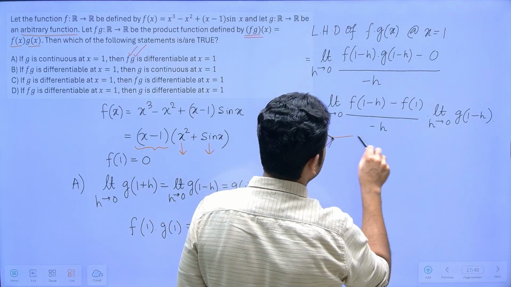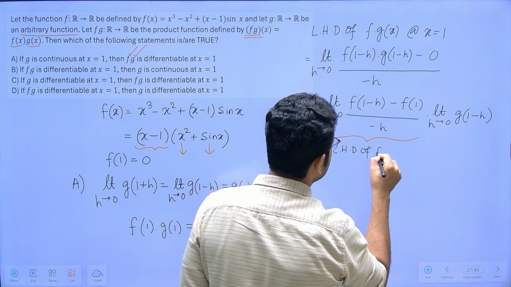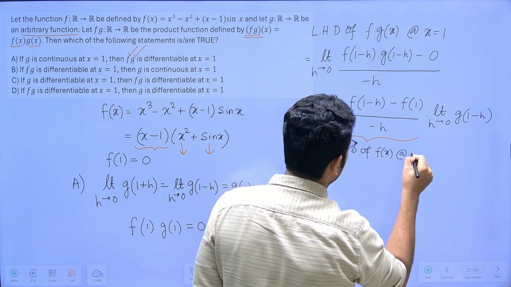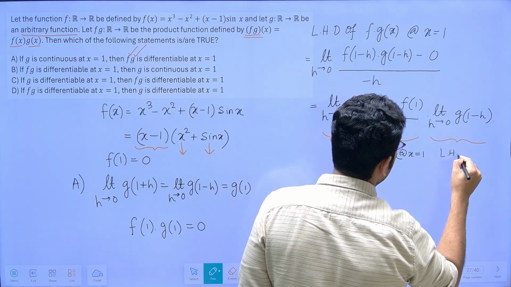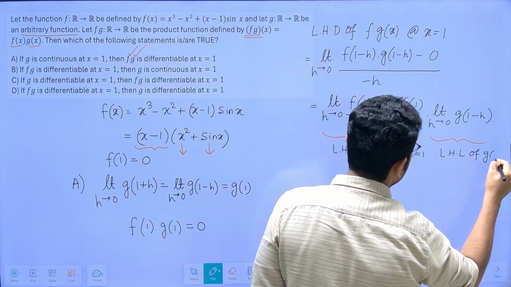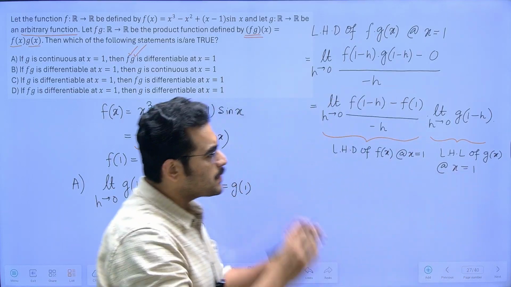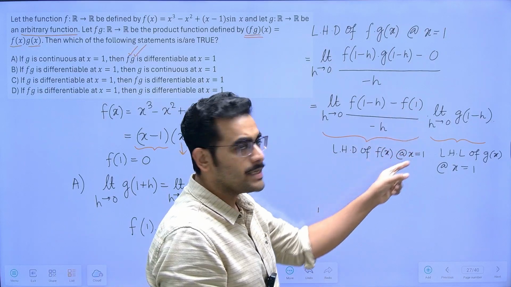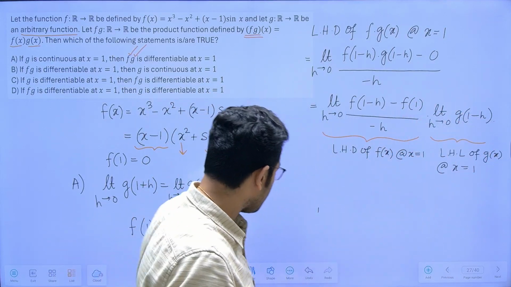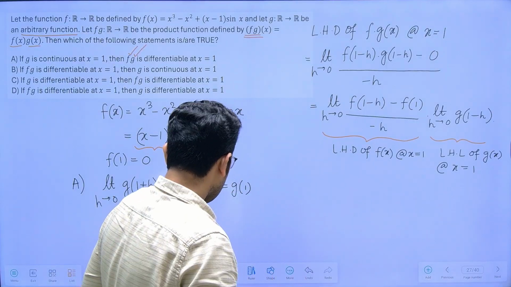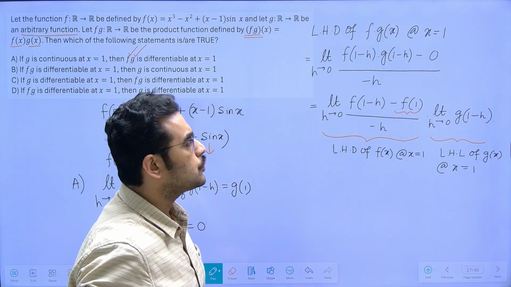Now you can understand that this is nothing but LHD of f(x) at x equal to 1, and this is LHL of g(x) at x equal to 1. Clear? Now here I have subtracted the term f(1) because it is 0, so it will remain the same.